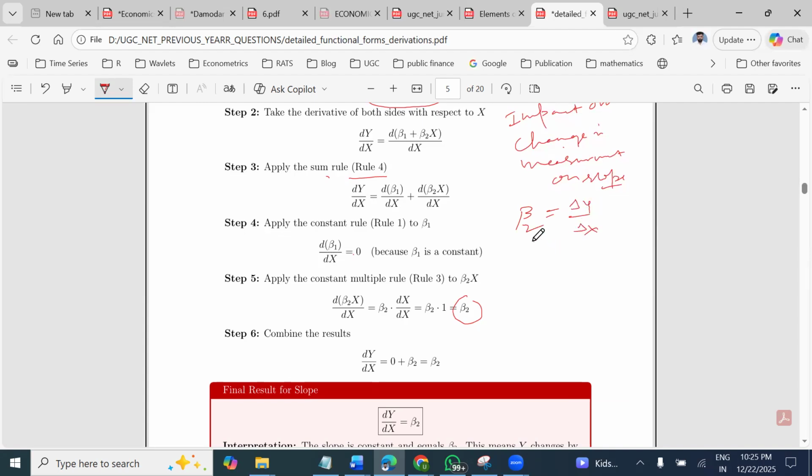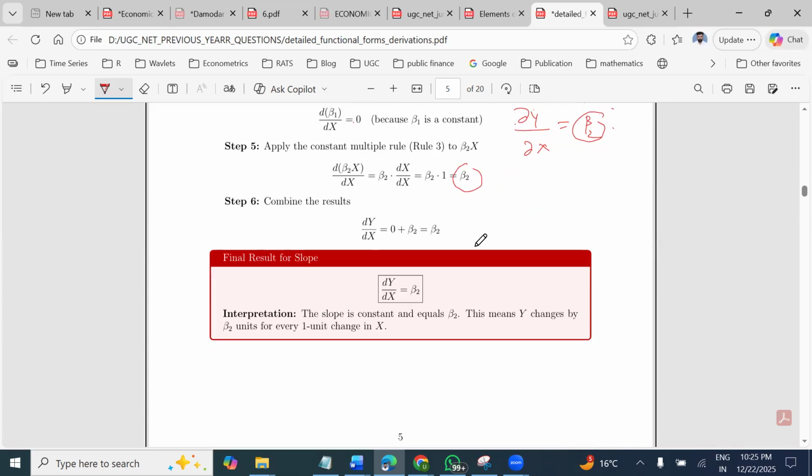Now the question is, if the question is reversed, why is delta y upon delta x equal to beta 2? Then you have to derive everything to get here, because we can do the proof either way, right? If it is LHS and RHS, you can prove from RHS to LHS and from LHS to RHS as well. Are you getting my point? Yes, sir. Then your understanding is clear.